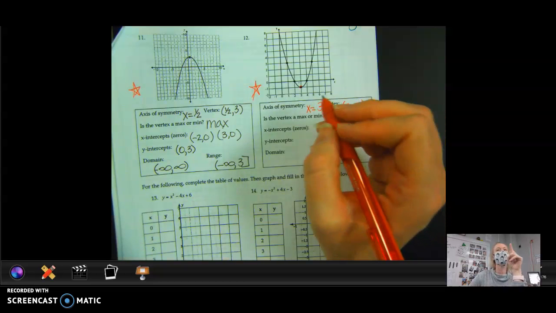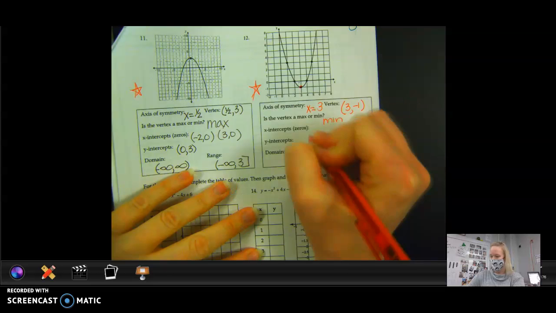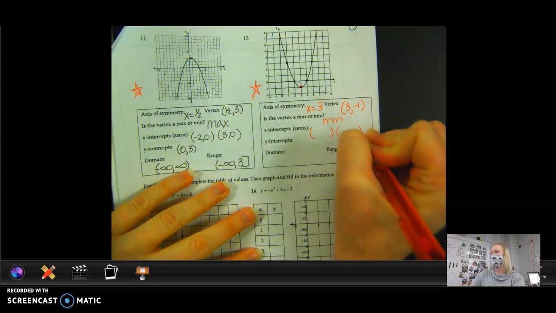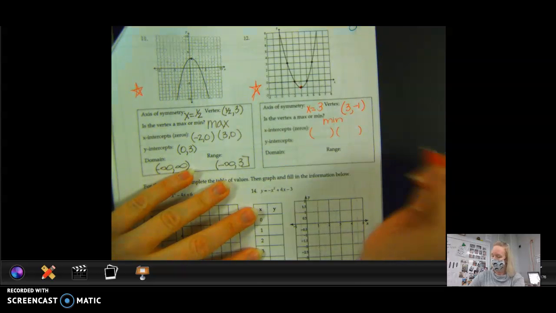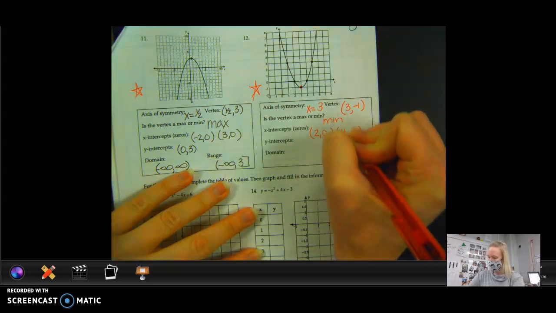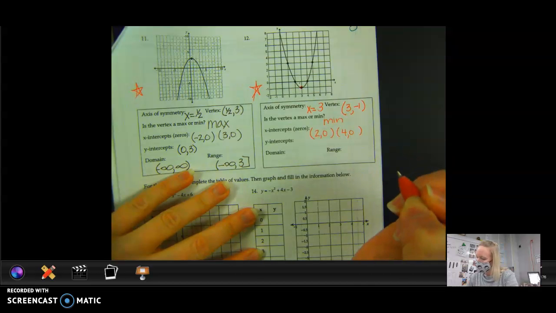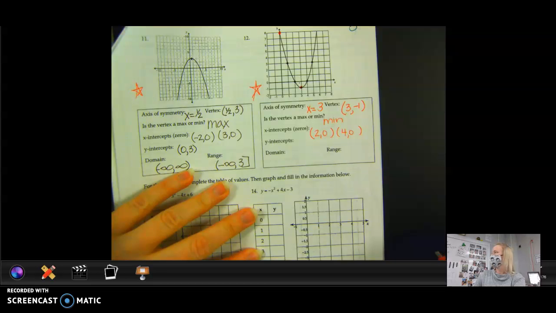Is this a maximum point or a minimum point? Minimum. I have 2 X-intercepts. What are my 2 X-intercepts? What's one of them? 2, 0, perfect. What's another one? Awesome. Where does it cross the Y line? Crosses all the way up here. What, comma, what?